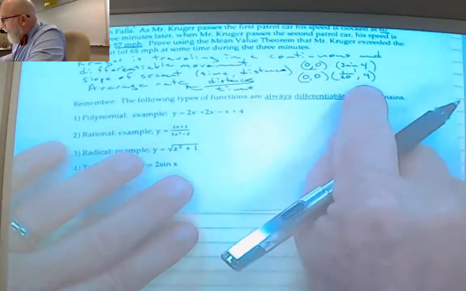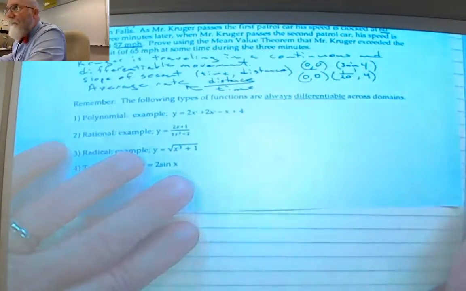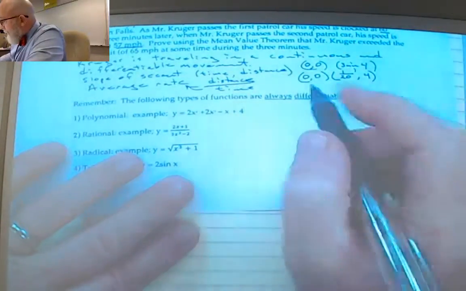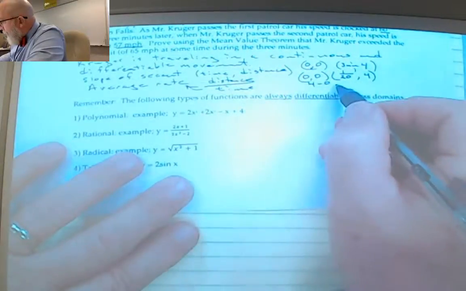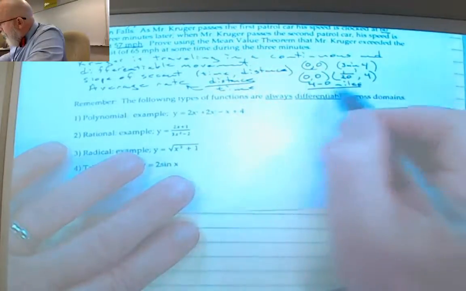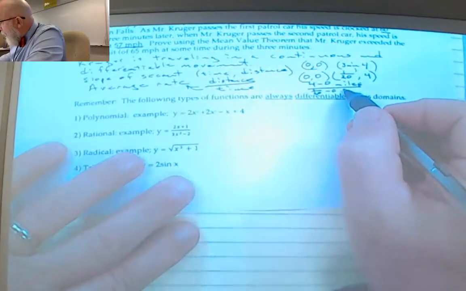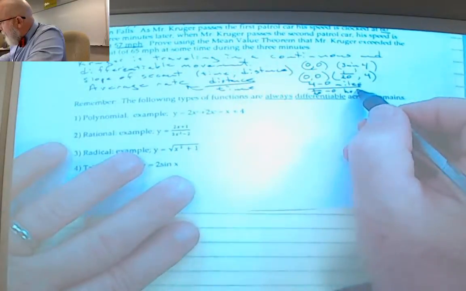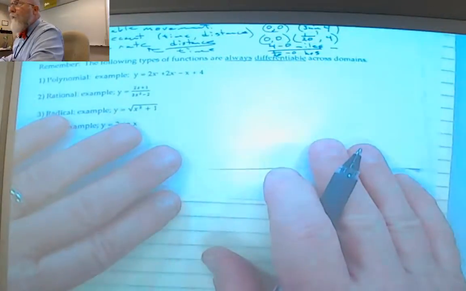So I need those ordered pairs. How am I going to use them now? How am I going to figure out my average rate? 4 minus 0, and those are miles, correct? And 1 over 20 minus 0, and those are hours, correct? What do I get when I take 4 divided by 1 over 20?